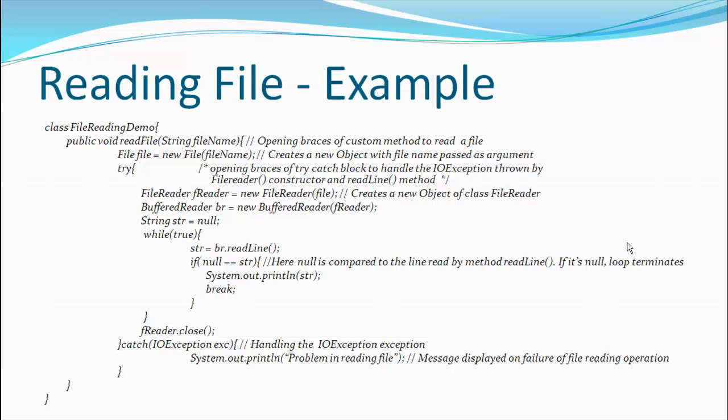In the following statement, we are creating an object of class BufferedReader, to which FileReader acts as an argument. In the following line, we have a string variable which has been set to null. In the next statement, we have a while loop, which is an infinite while loop. That is, the condition is true always.